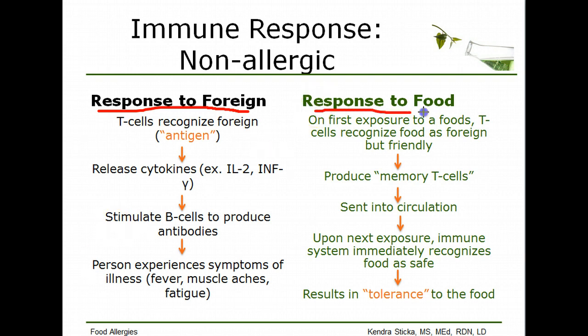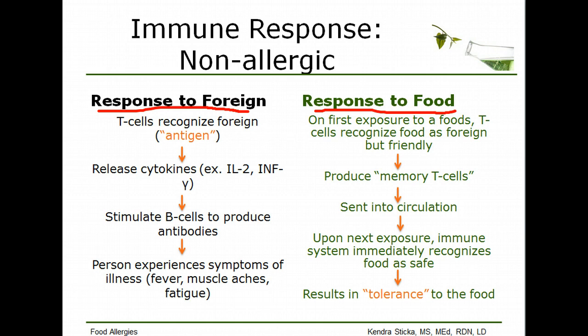So, in terms of response to food, in someone who does not have any food allergies, on the first exposure to the food, so the first time someone eats a particular food, the T cells recognize that food as foreign, so it's not part of the body, but something that's friendly. They produce what's called the memory T cells, and those are sent out into circulation.